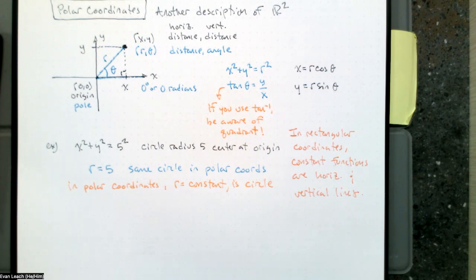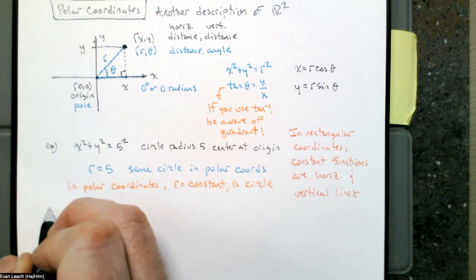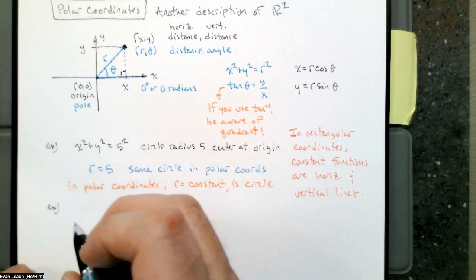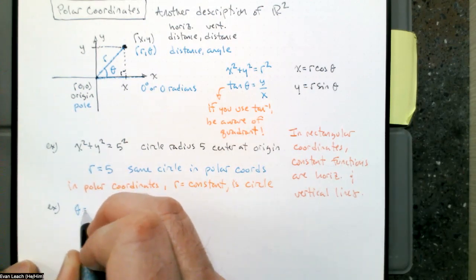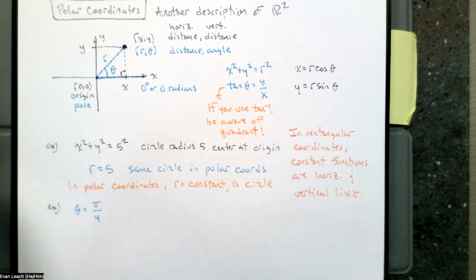So let's take a look at another constant function. I brought up constant functions. What if I have, let's say, theta equals a constant? So we're going to go to an angle of theta equals pi over 4 and plot every value of r.